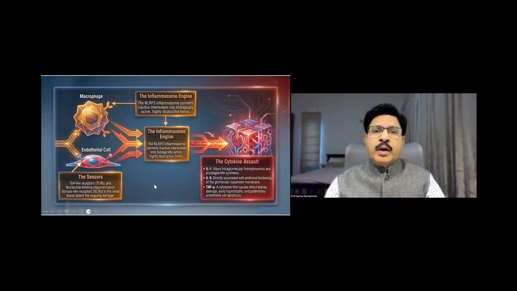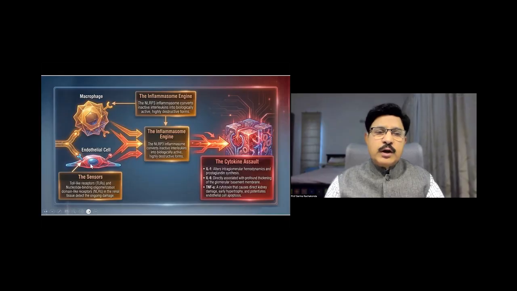Now, the inflammasome engine, the third aspect, is the immune inflammation. So there is an endothelial cell there, and then there are sensors, TLR receptors, Toll-like receptors, and then the NLR domain receptors, and these sensors activate the macrophages, and NLRP3 inflammasomes convert inactive interleukins into biologically active and highly destructive forms.